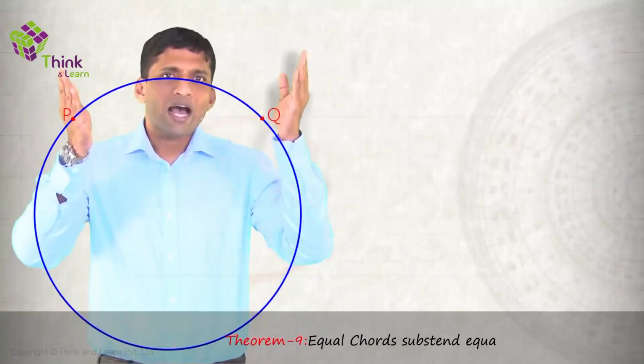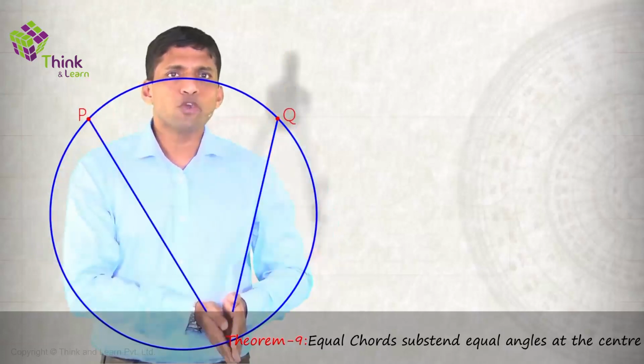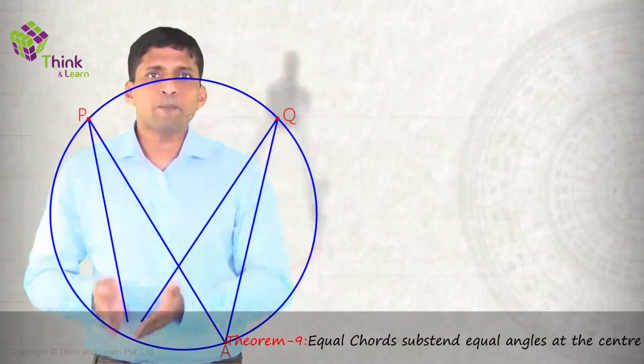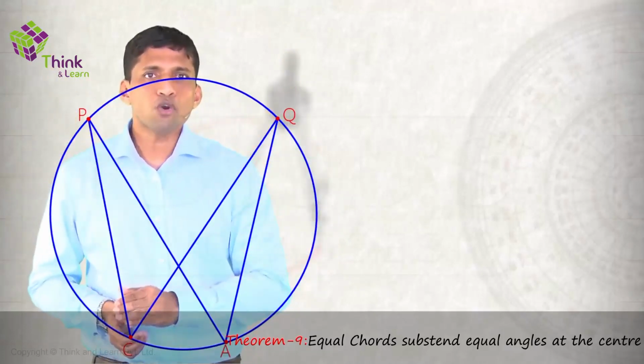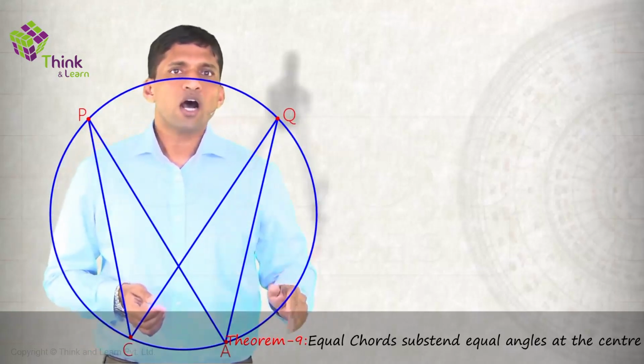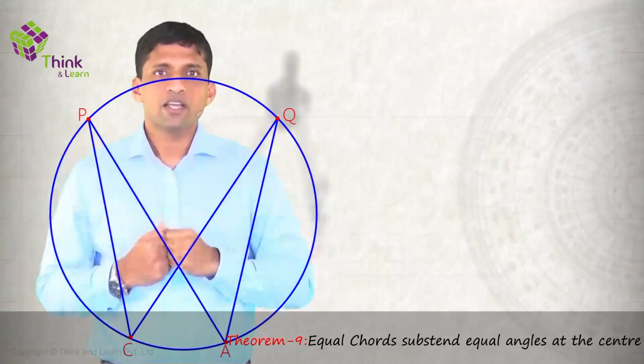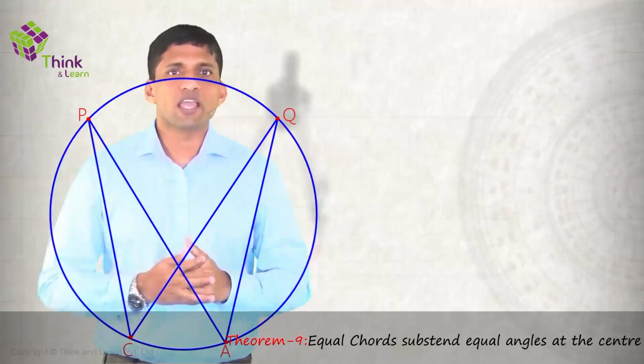Angles in the same segment of a circle are equal. That is, if I take a circle like this, and consider an arc PQ, angle PAQ equals angle PCQ, because PCQ and PAQ are angles in the same segment. So we need to prove that these two angles are equal.